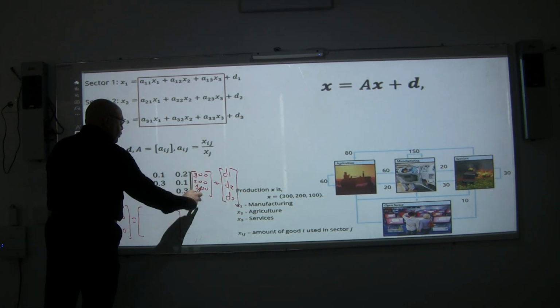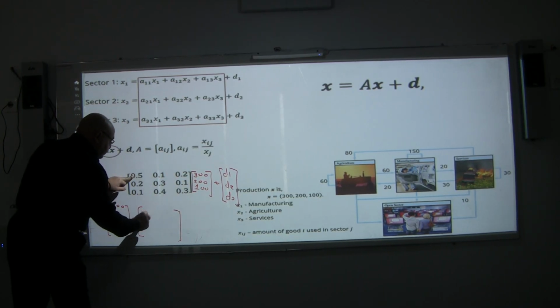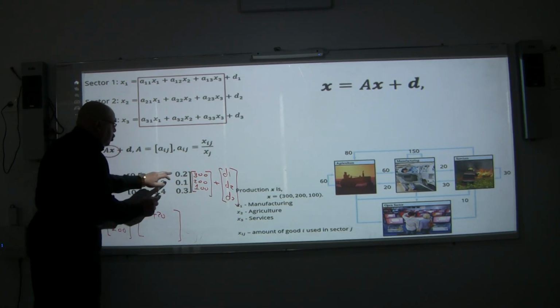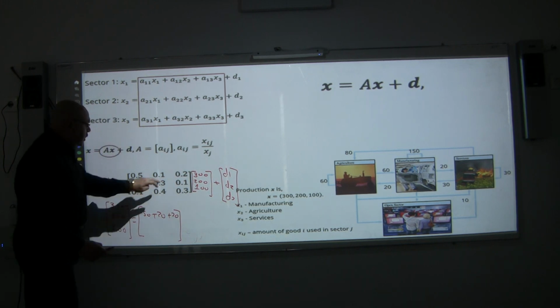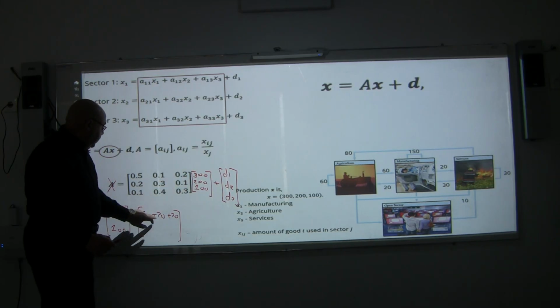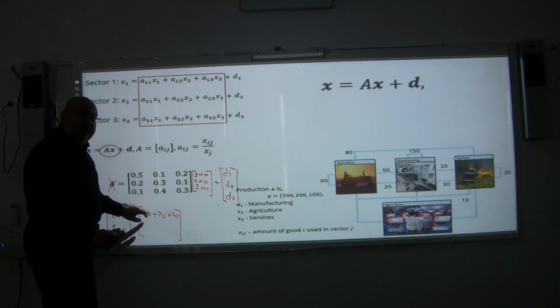Multiplying these values: 0.5 times 300 is 150, 0.1 times 200 is 20, 0.2 times 100 is 20. If I add them together, it's gonna be 190.